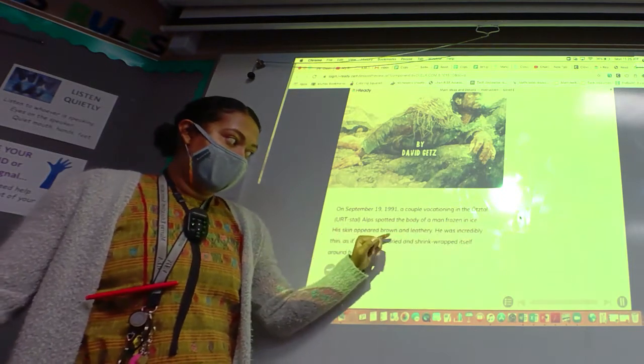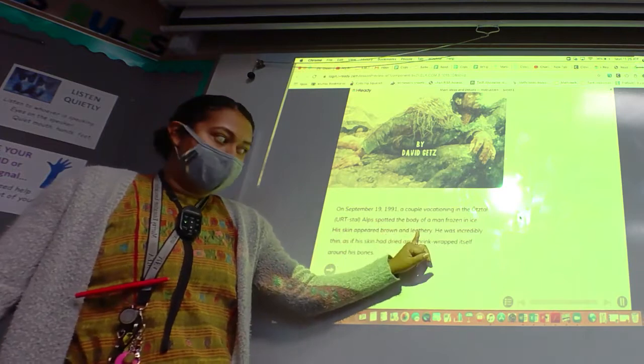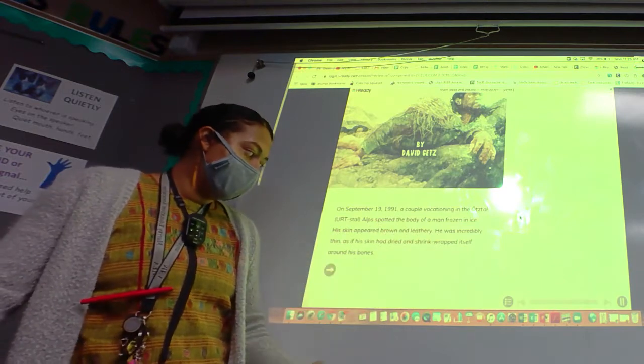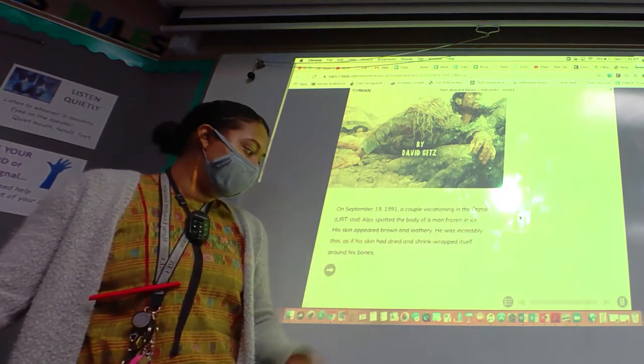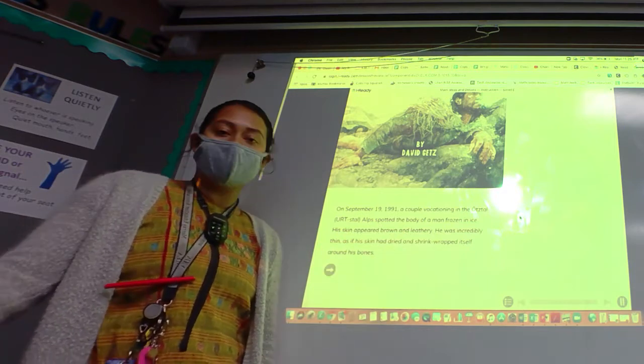His skin appeared brown and leathery. He was incredibly thin, as if his skin had dried and shrink-wrapped itself around his bones.